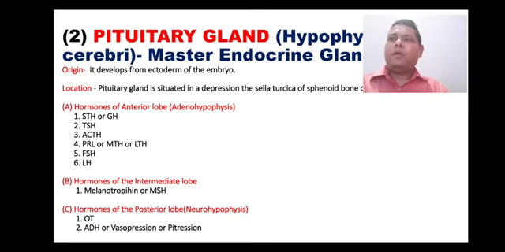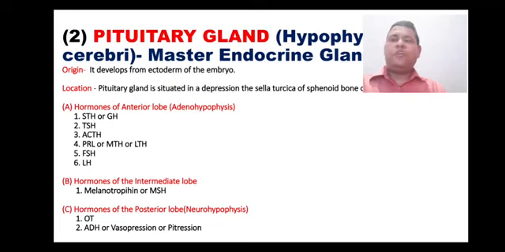Number 1, STH or GH, growth hormone or somatotrophin. The hormone stimulates growth, promotes protein metabolism, the absorption of calcium from the bowels, and the conversion of glycogen to glucose. Target cells are various body cells which undergo growth.